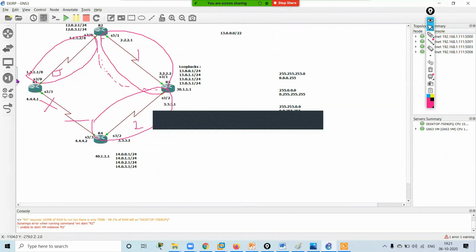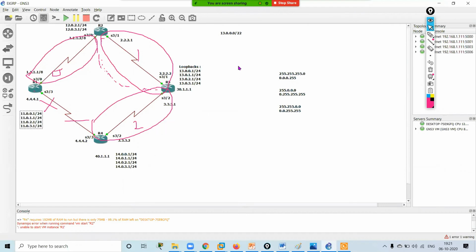In a bigger network, can't we have two backbone areas? Why I'm asking this: because with one backbone area, more cabling is required. So just do a research on this and let me know if we can have two backbone areas, what is the need of two backbone areas, and how it will work.